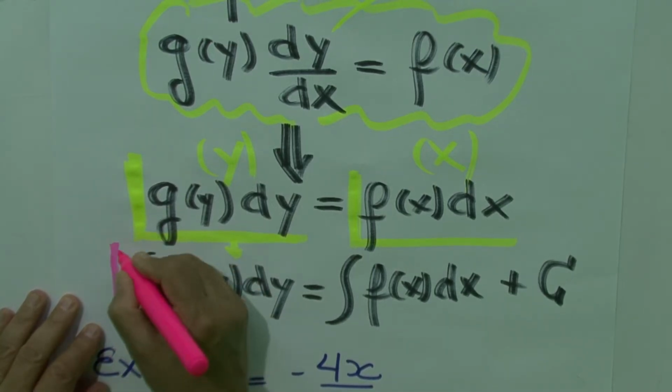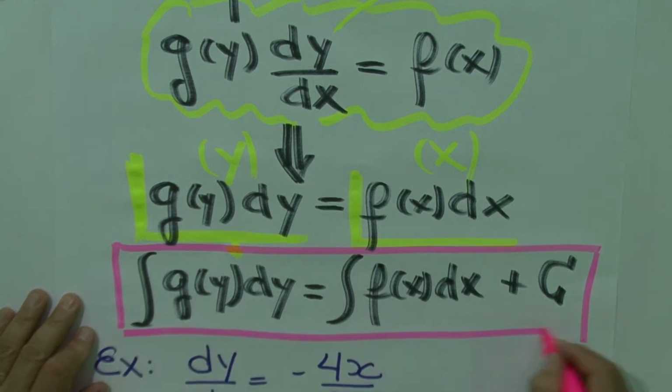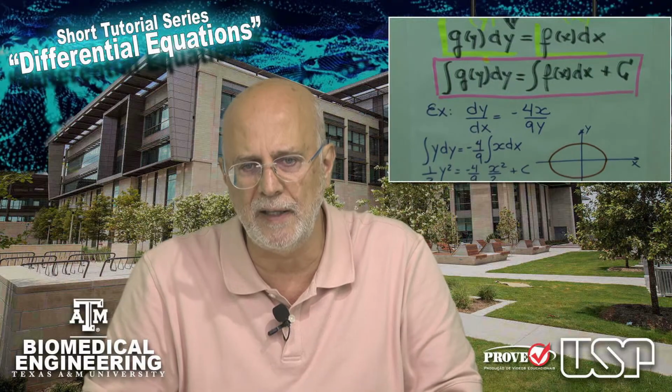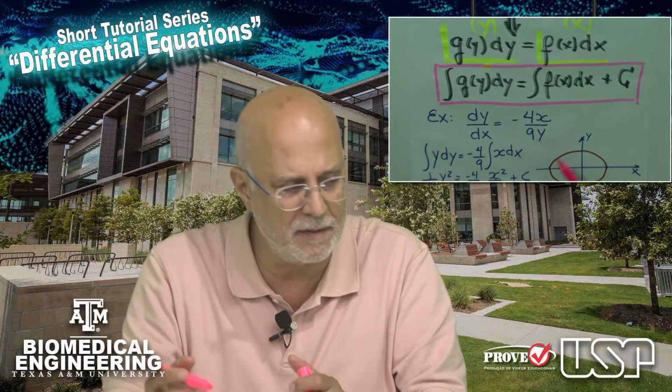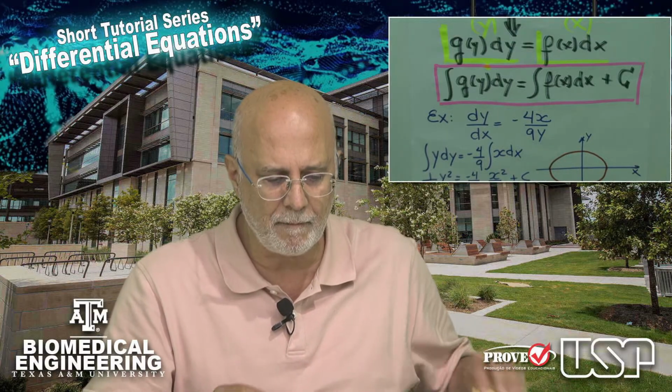So that equation became an algebraic equation, which means it has x and y, and I have to solve it to find out what is the dependence of y on x and vice versa. Let me give you an example of this.